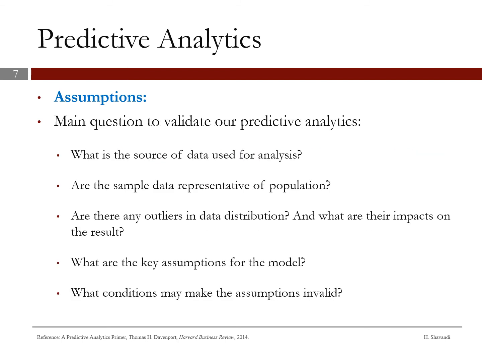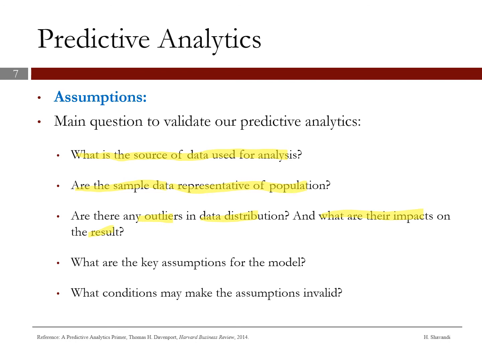So these are the main questions to validate if our predictive method is still valid. The first question: what is the source of data used for analysis? Are the sample data representative of the population? Are there any outliers in the data distribution, and what are their impacts on the results?